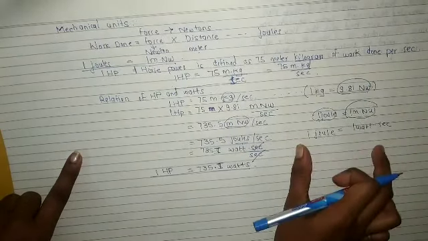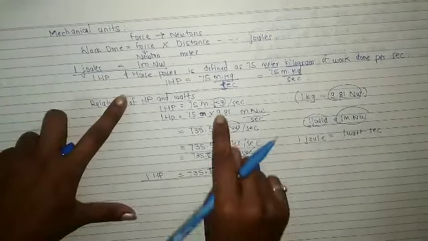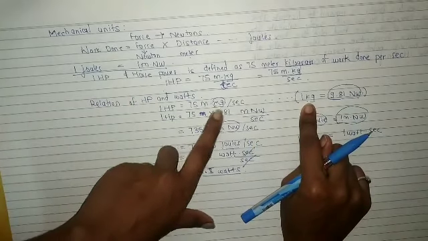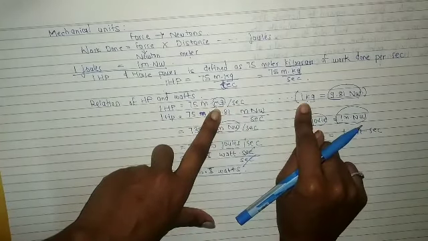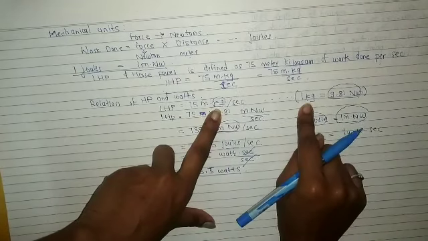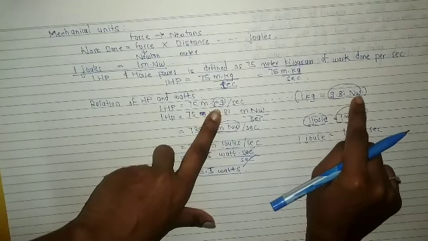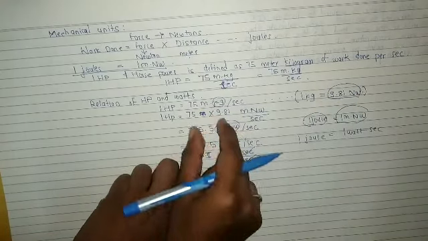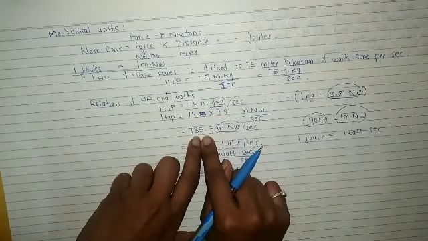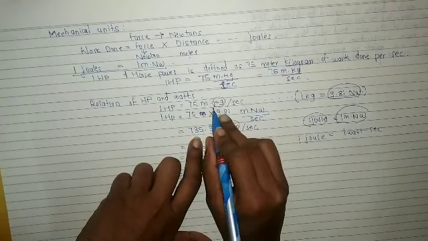So we have just substituted this. What we did first, instead of this kg, we have written this kg in terms of Newton. So 1 kg is equal to 9.81 Newton. So instead of this kg, we substituted this value. So multiplying this, we got this answer, and we have written Newton instead of kg.